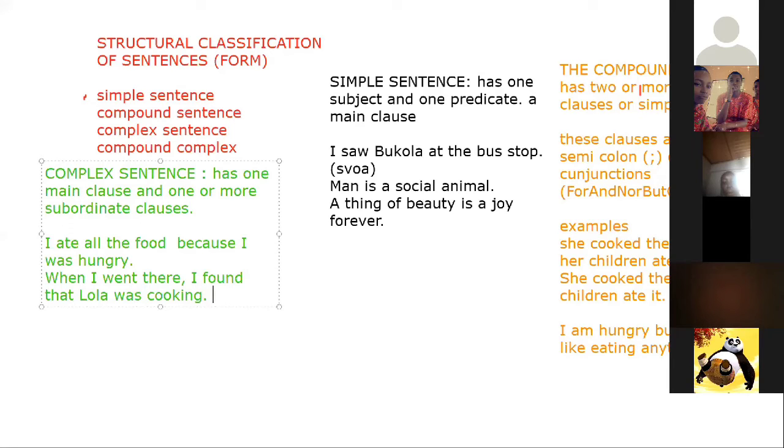Where is the subordinate clause? When I went there. When I went there, I found that Lola was cooking.